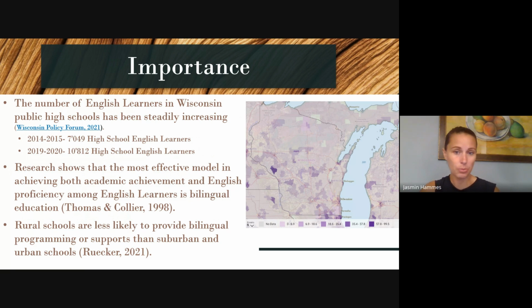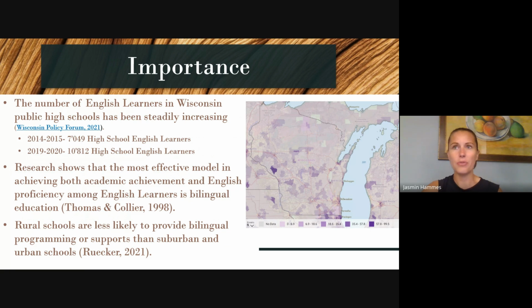This topic is also important because extensive research shows that the most effective model for achieving both academic achievement and English proficiency is through bilingual education. If you think about it, providing student support in their home language, especially at the high school level when content is more rigorous, helps them develop understanding for that content while the student continues to develop their English proficiency.